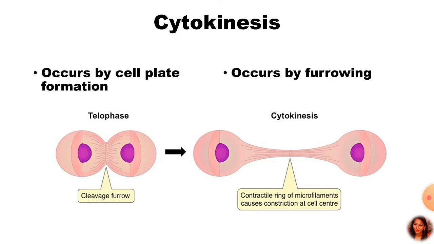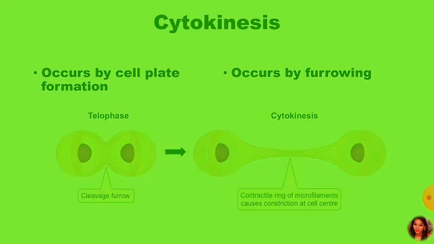Here they generate two separate cells independently. It occurs by cell plate formation in the plant cell, but in the animal cell it occurs by furrowing. So this is how the plant cell and the animal cell are different.